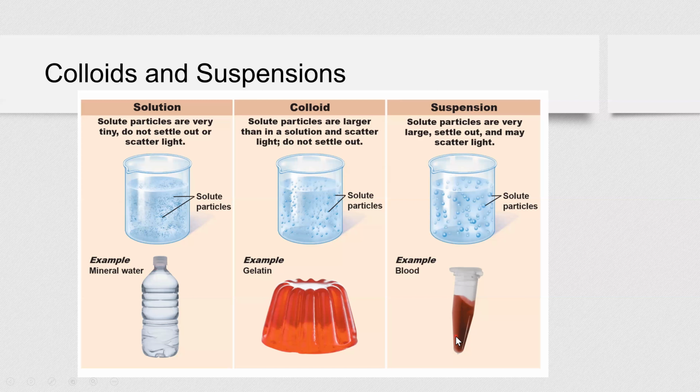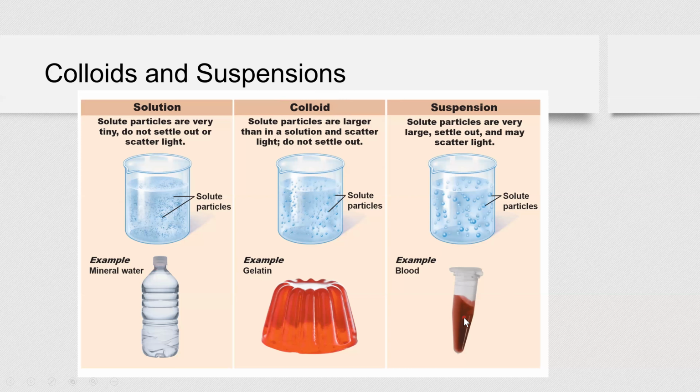So now your plasma and those ions, they are in a solution state, right? Also, in the plasma, you have proteins, and proteins are organic molecules that are larger than atoms of sodium or chloride. So plasma proteins and plasma, they are in a colloid state.